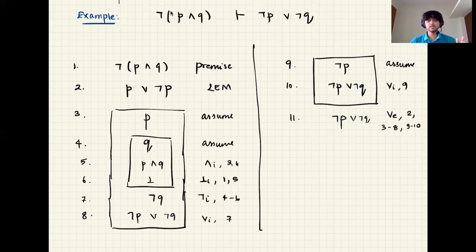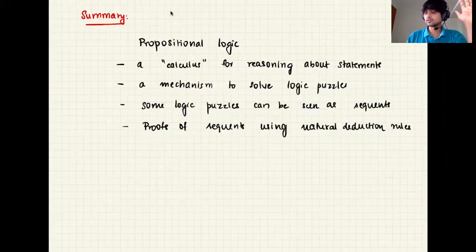So we have seen several rules. You can also use LEM whenever you want, if you think that is necessary. Unless the question asks you, don't use LEM. So these are all the natural deduction rules. Now let me summarize and then I'll stay back for questions.